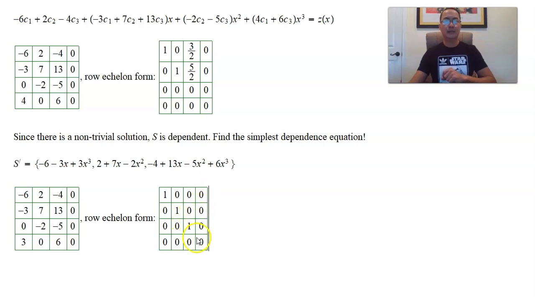We had the solutions last time over here because we were solving for p of x. But this time the right side is all zeros, so we do not get a free variable. c1 has to be 0, c2 has to be 0, c3 has to be 0. So therefore this S prime, where we change that coefficient, is now, I'm sorry, independent.